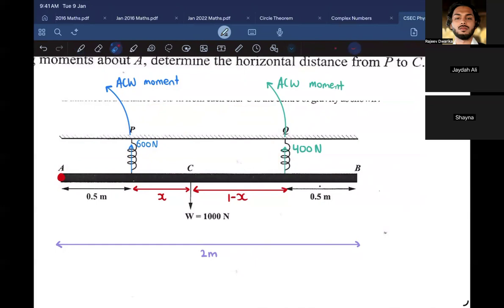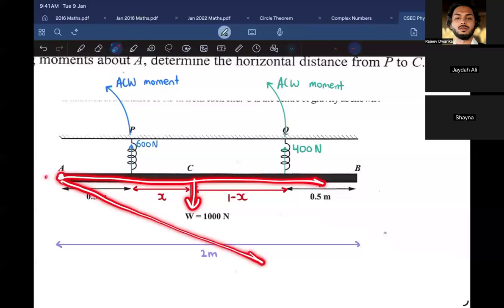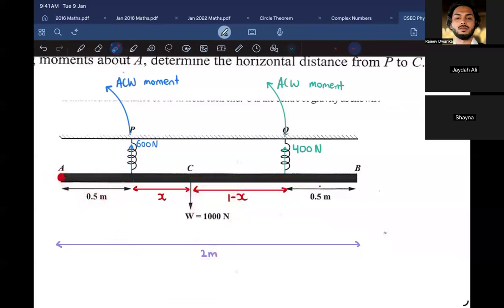We just have one, right? So imagine this is the pivot again, and you pull it down. Wouldn't you want to rotate like that? Yes. So what would that be, clockwise or anti-clockwise? Clockwise. Right?